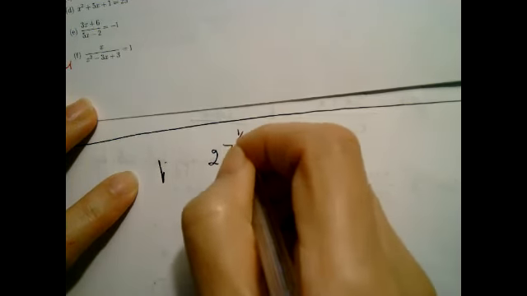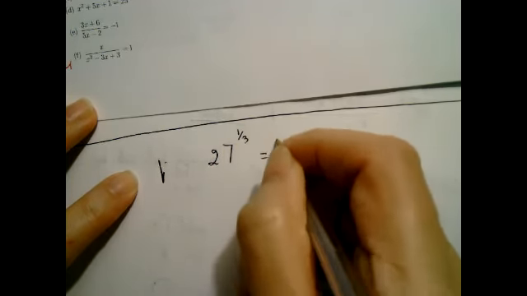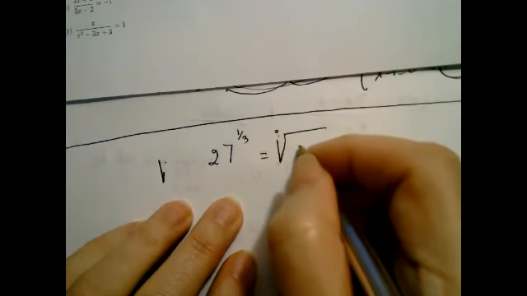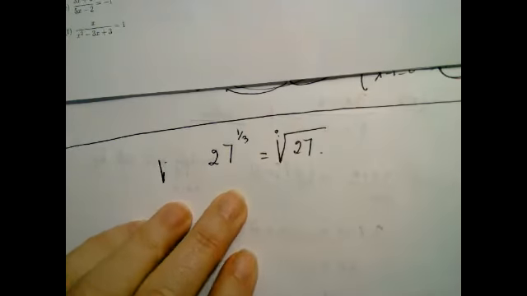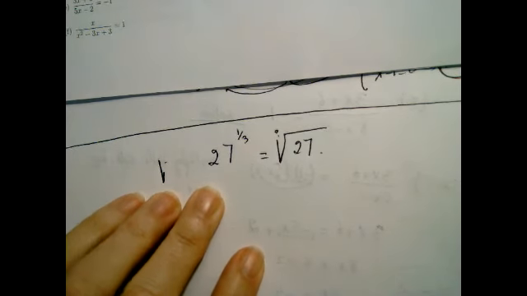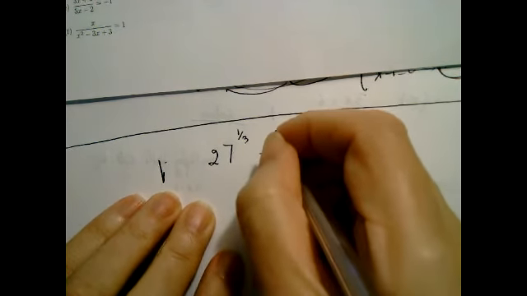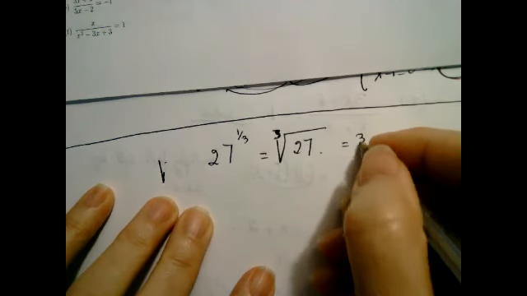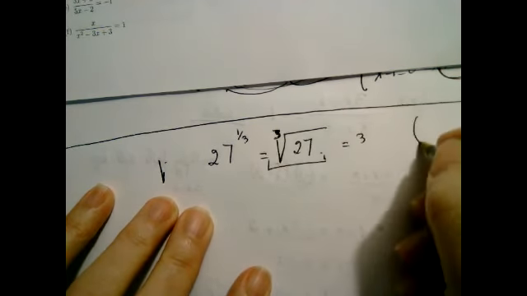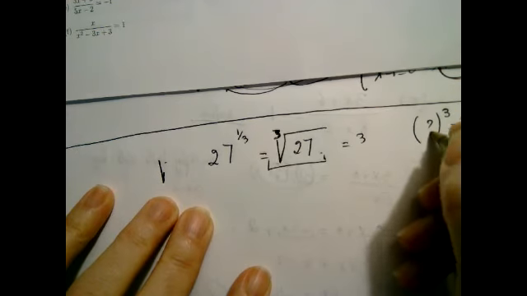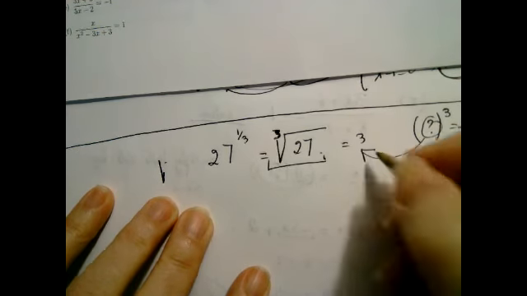My first question's goal is really to make sure you understand. My question is, what should go here? 1/3 is which root of 27? That's the cube root of 27, which is equal to 3, because by definition, what's the cube root? It's the number which you take to the power 3 to get 27, and this number is 3.